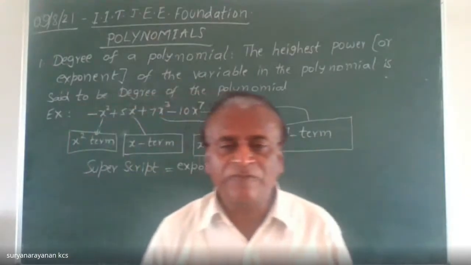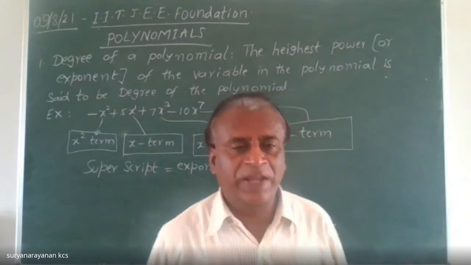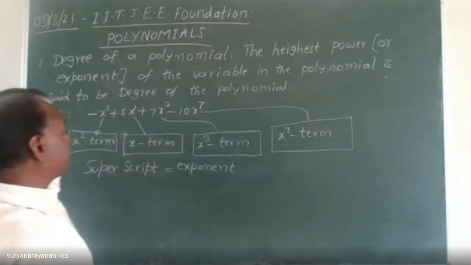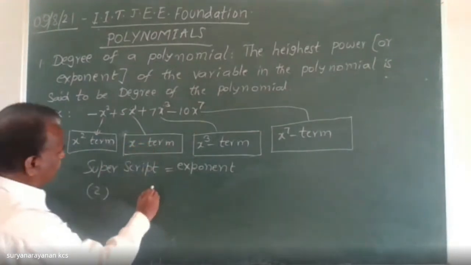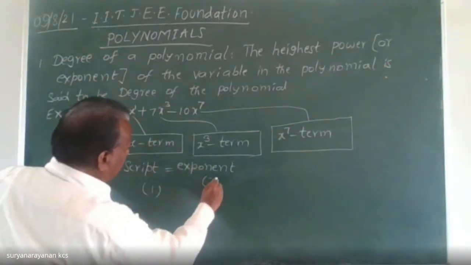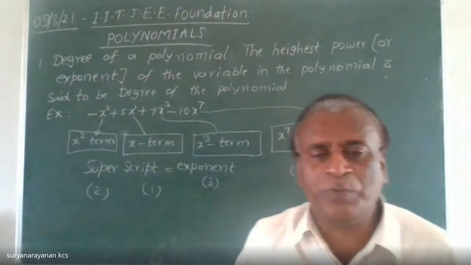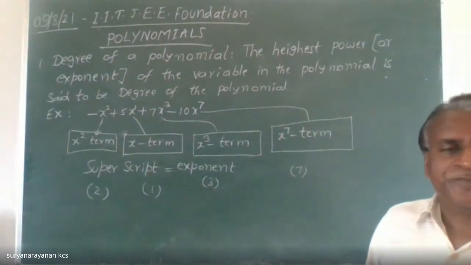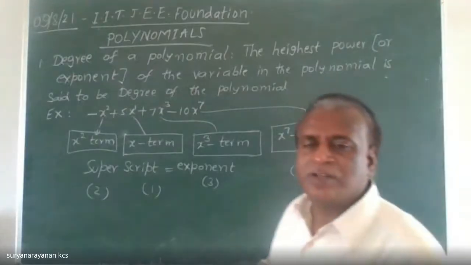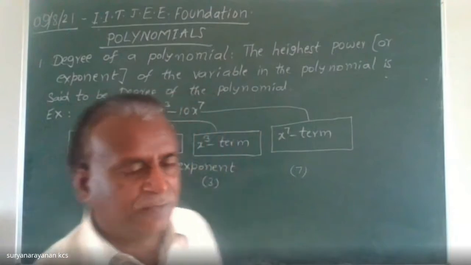You have to identify exponents of the variables in a polynomial. So here, in the first term, it is 2, here it is 1, here it is 3, and here it is 7. These are the exponents of the variable x. What is the highest exponent? In these four numbers, 7. So 7 is called the degree of this polynomial.